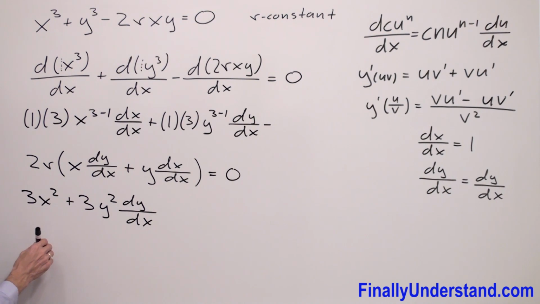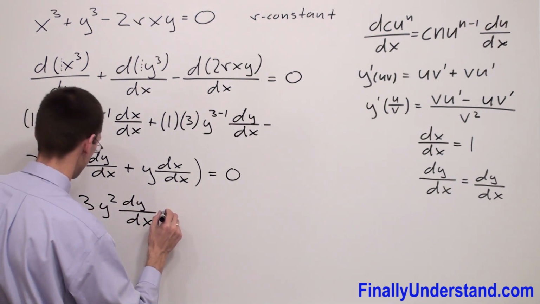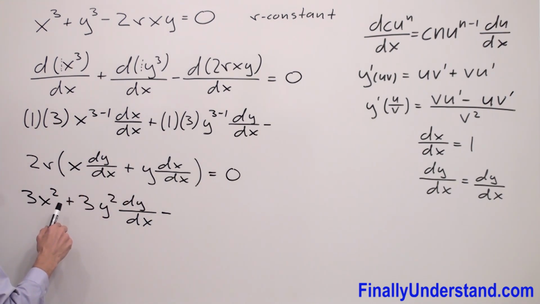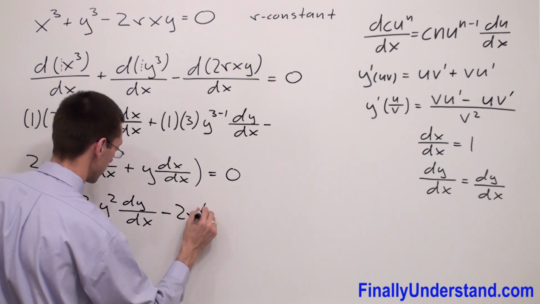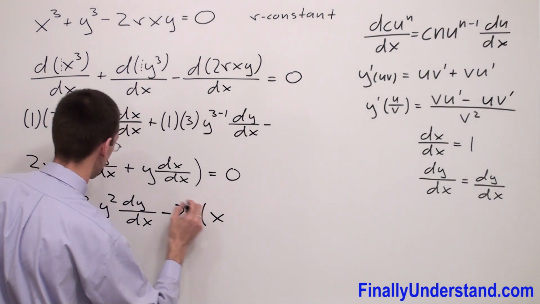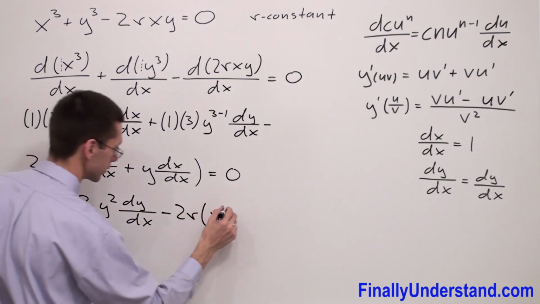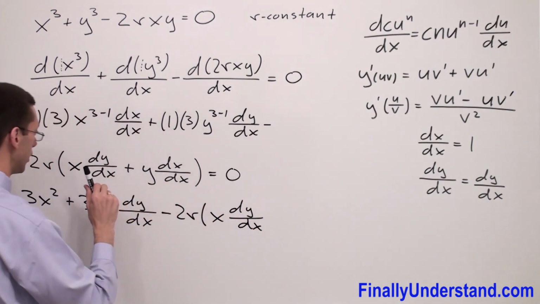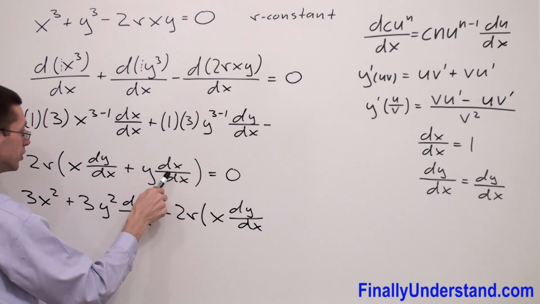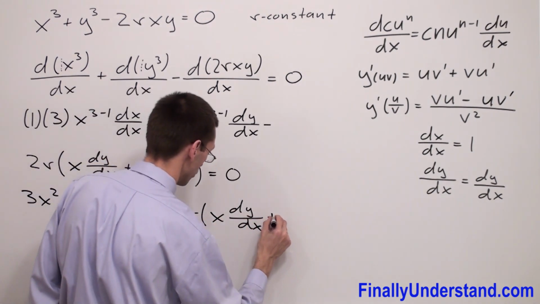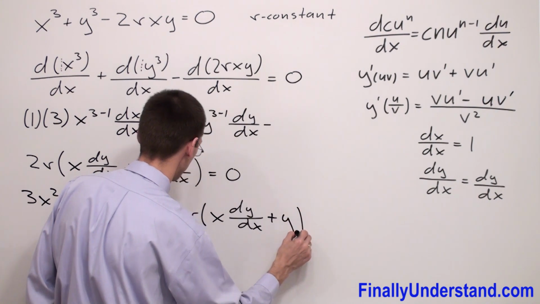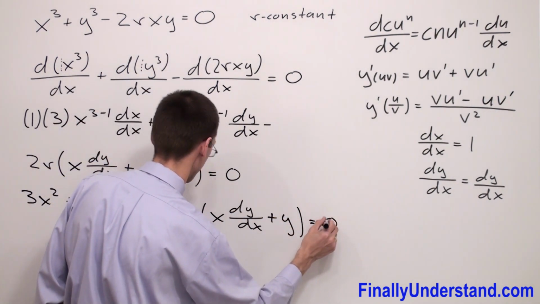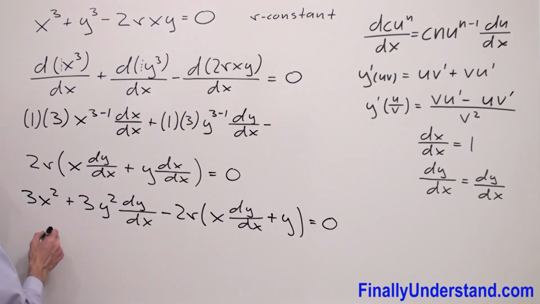Next, I'm going to organize everything in the parentheses. So I have 2r, I have x dy over dx. Now we have plus y, since dx over dx is equal to 1. That's why I'm not going to write this one. Okay, everything is equal to 0.